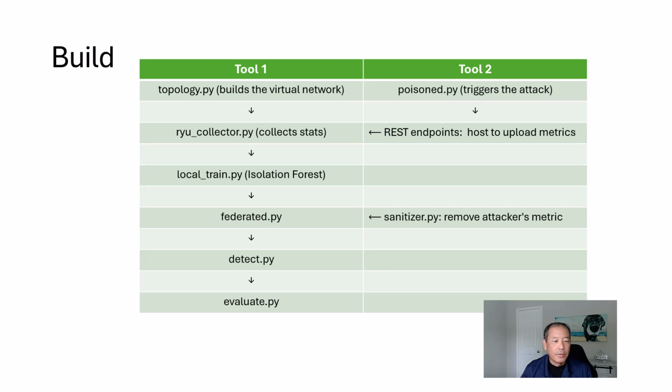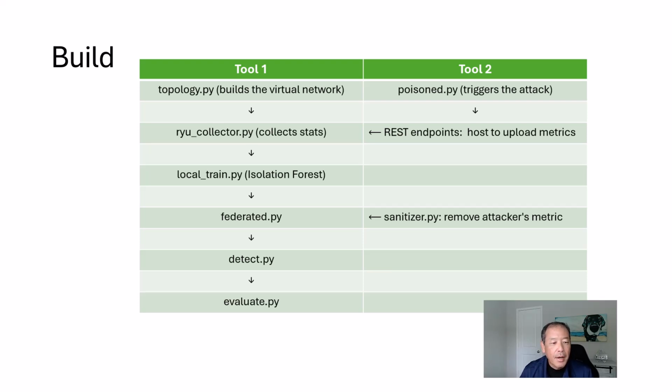I won't talk about tool 1, but basically what I do is I have a poison host, and that's going to trigger an attack. And what I did do is enter REST endpoints into my collector.py, and this just collects the stats. And the REST endpoints are just so that my host can upload its metrics.